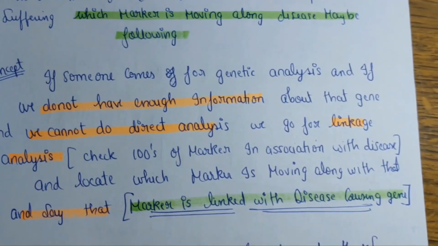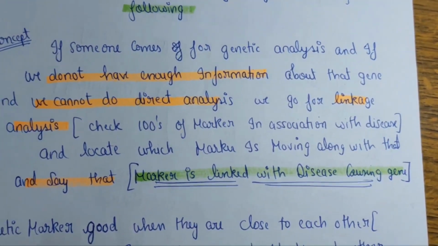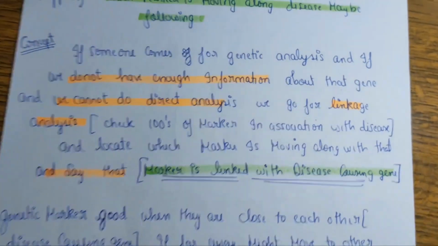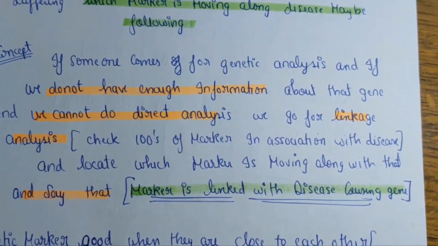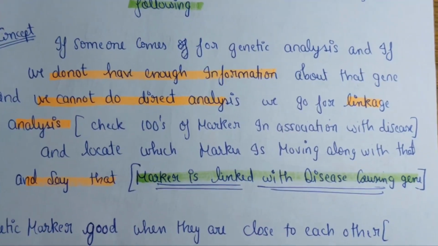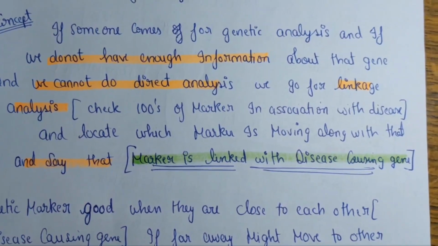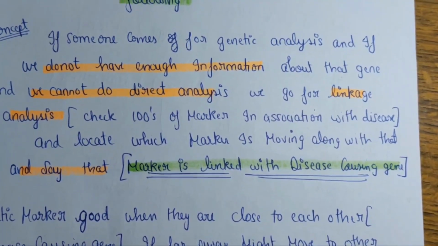So the basic concept of linkage analysis is that if someone comes for genetic analysis, and we don't have the information about the mutant gene or defective gene, or on which chromosome this gene is present, or what kind of mutation has taken place in this gene, we cannot do direct gene analysis.